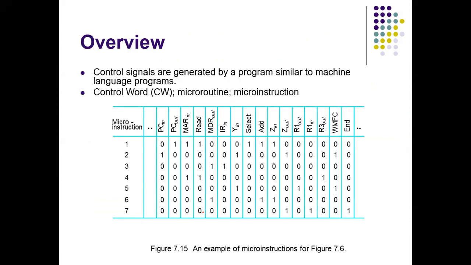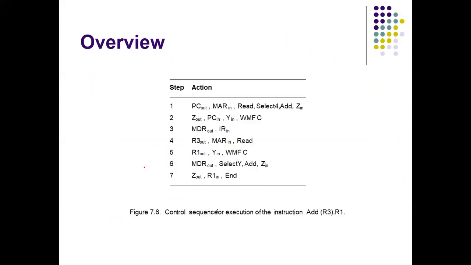In the last lecture we discussed this particular sequence, which performs this operation: add R3 comma R1. It is supposed to add the content of R1 with the content of the memory location specified by R3.